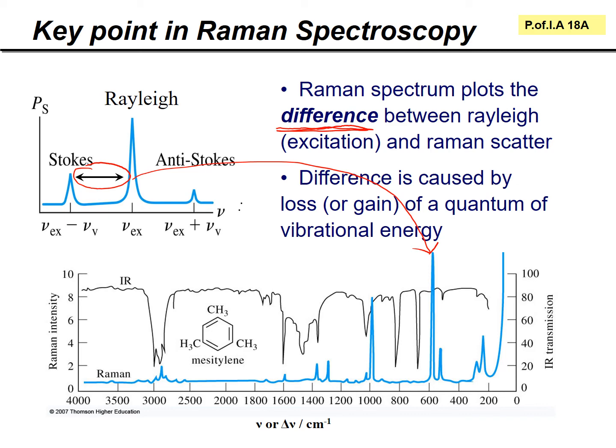And because there's a whole bunch of photons here, these Stokes scattered photons, we get a nice big spike there. This difference, let's say, is 550 wave numbers. Whatever that excitation frequency is, and whatever this Stokes scattered photon frequency is, the difference is 550 wave numbers worth of energy. And that's what we plot over here.